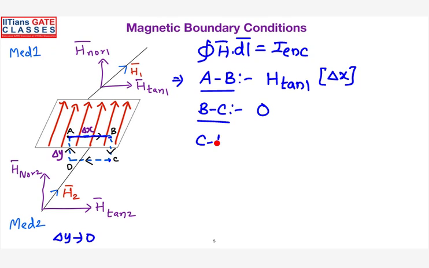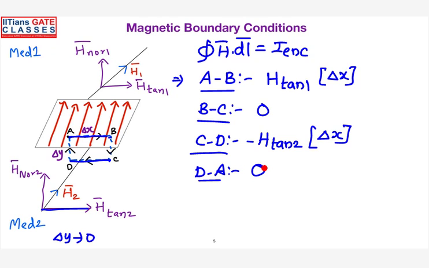At the same time, when you are moving from C to D, you are moving opposite to H tan 2, so the magnetic field will be minus H tan 2 into the length covered, delta x. And again, for the same reason, D to A, the line integral will be 0 because you are moving perpendicular to the magnetic field. So what is the total line integral now? H tan 1 into delta x minus H tan 2 into delta x is equal to, let me say I, the current enclosed by the loop.